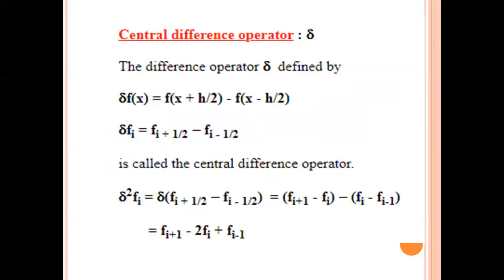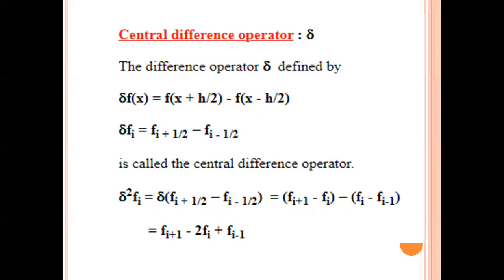So next we are going to discuss the central difference operator, that is the small delta. Already we discussed the capital delta. This is called the small delta. The difference operator small delta is defined by delta of f of x is equal to f of x plus h by 2 minus f of x minus h by 2.